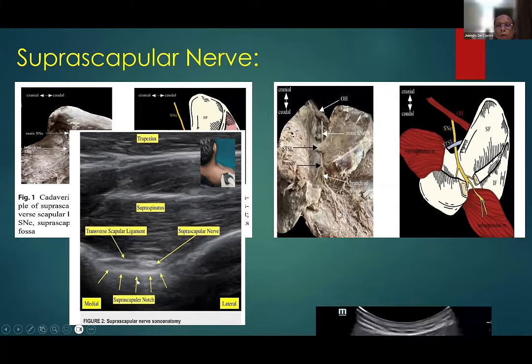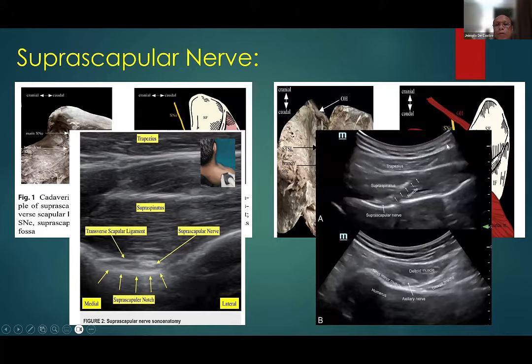When you inject this part, you come from the top, and then you puncture through the trapezius and supraspinatus muscle into the nerve. This is the location of the suprascapular nerve.